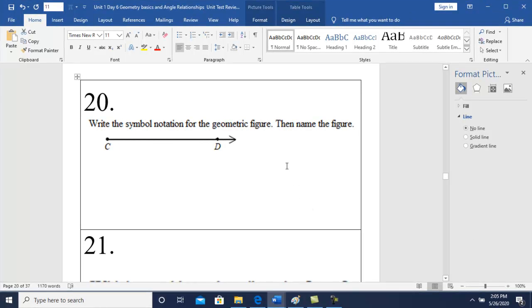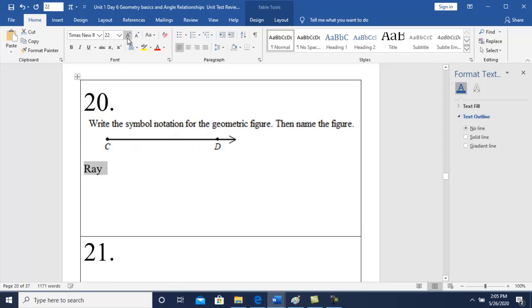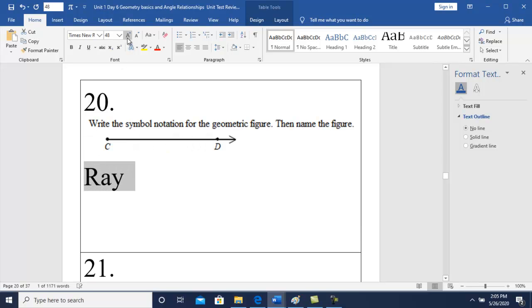Alright, so the first question is asking you to write the symbol notation for the geometric figure and then name it. So the name, this is a ray. Okay, so let's put that down. It has one endpoint and one arrow.